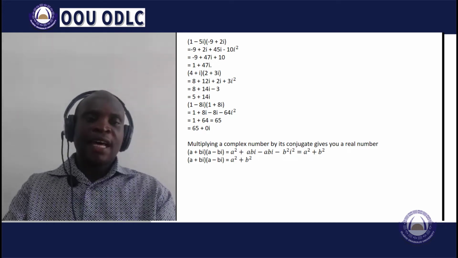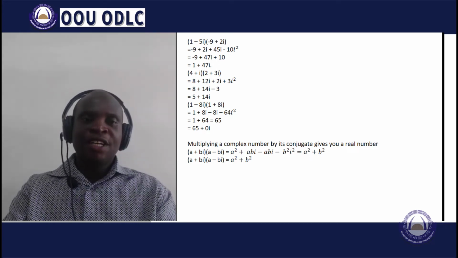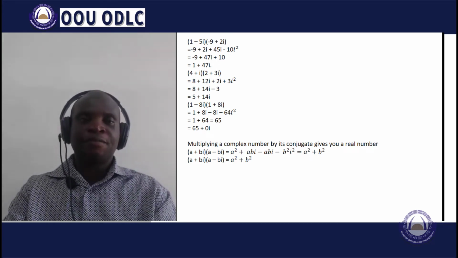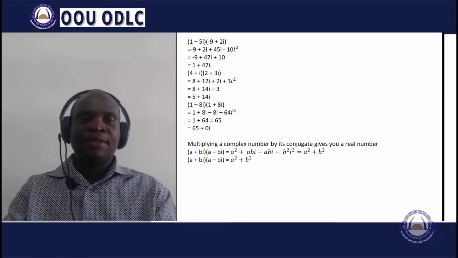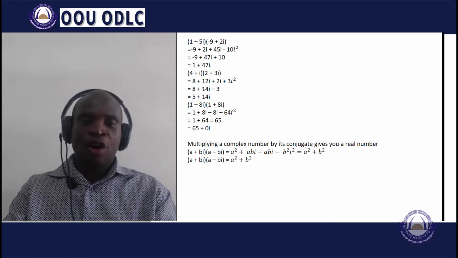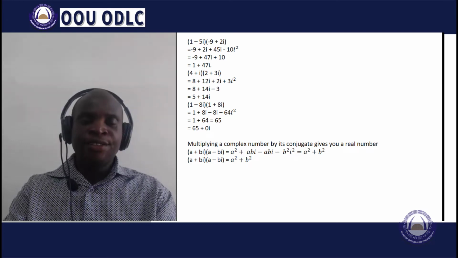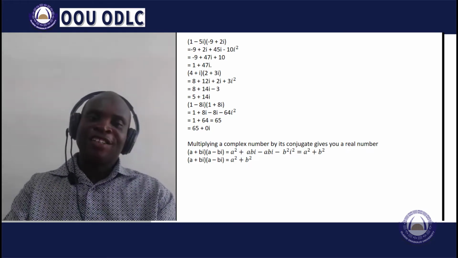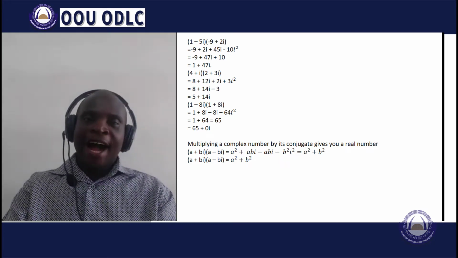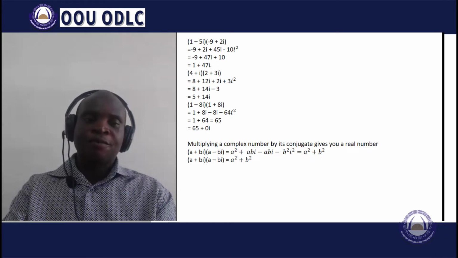Then plus i times 2, that will give us plus 2i. Then i times 3i, that will give us plus 3i squared. Recall that i squared is minus 1.